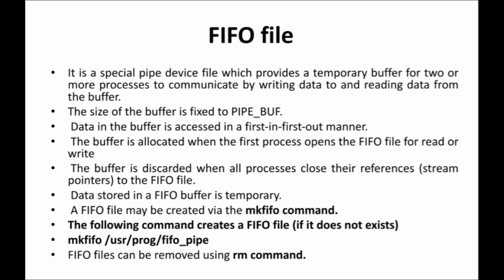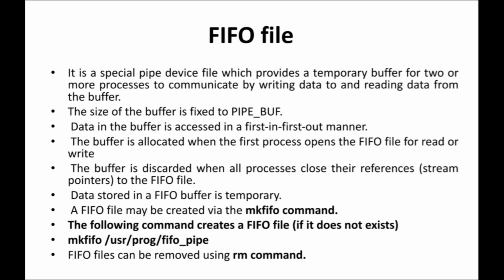The buffer is discarded when all the processes close their references. Since it is temporary, the buffer will be discarded or removed when the processes close their respective IDs. Data that is stored in a FIFO buffer is temporary. You know that a buffer is temporary memory.